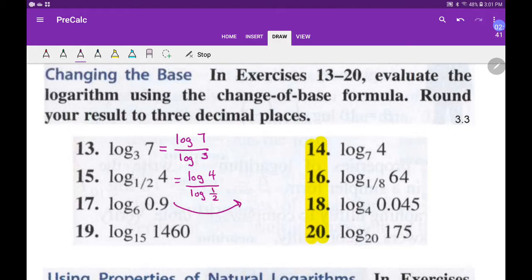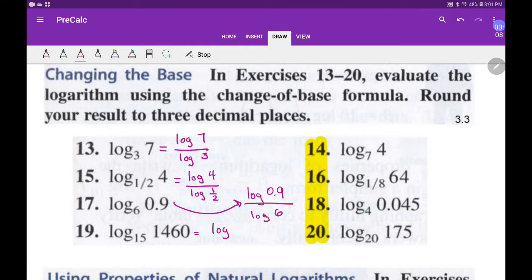Okay, I'm going to put this one over here. We're going to say the log base 10 of 0.9 over the log base 10 of my old base, 6.